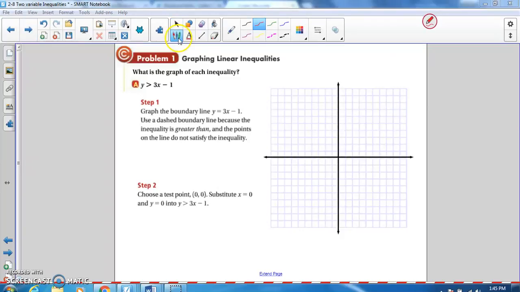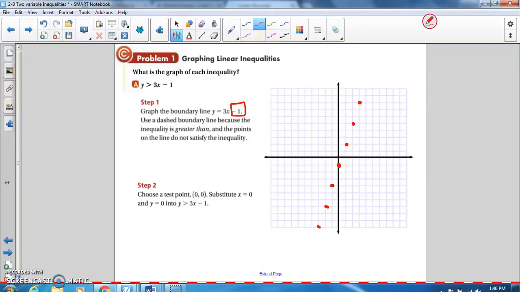Since this is in slope-intercept form, I know my y-intercept is -1, and my slope is 3, so I'm going to make a line from slope 3. I went up 3 over 1, and now I'm going to go down 3 to the left 1, just so I have the extension of my boundary line.